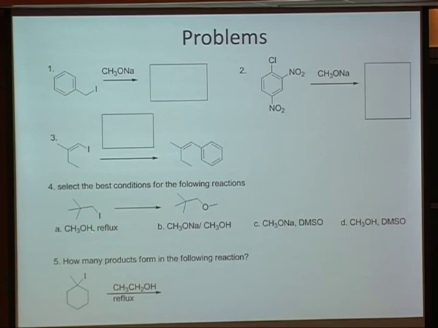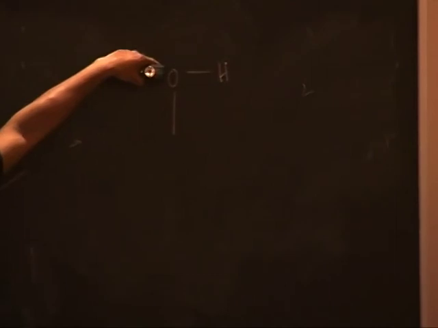Now you will look at these and find out which gives you the best condition for an SN2 reaction. CH3OH reflux, best condition for SN2? No. CH3ONa and CH3OH. Strong nucleophile, but is this a good solvent? What kind of solvent do you need? Aprotic. Do you know what aprotic is? Aprotic means you would not have a bond between a hydrogen and an electronegative atom.